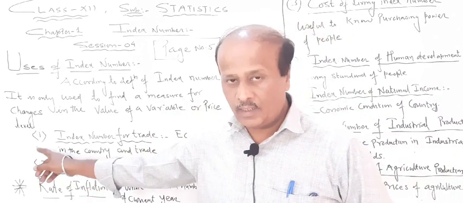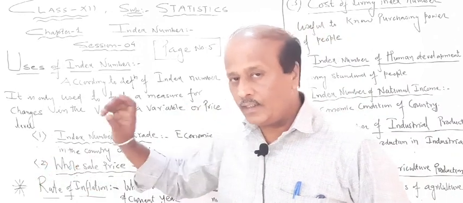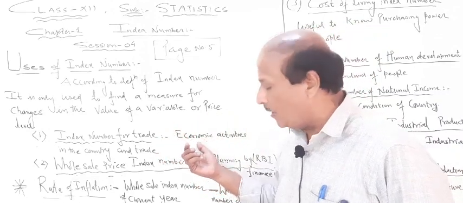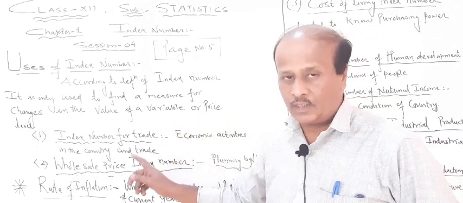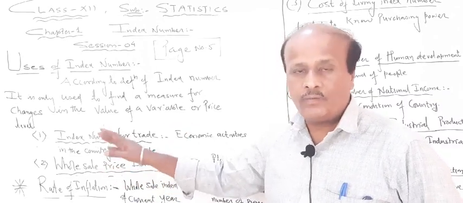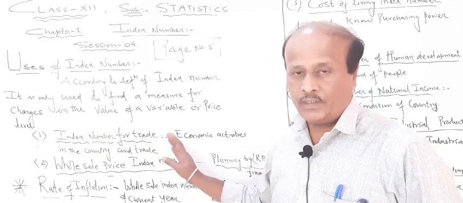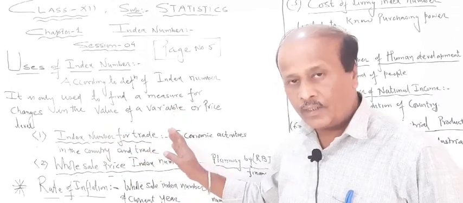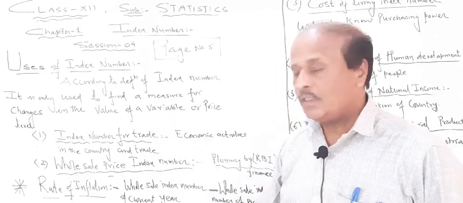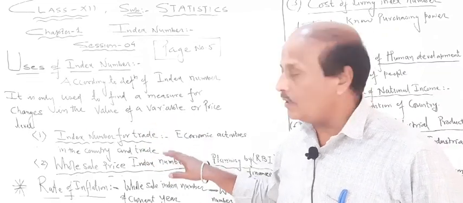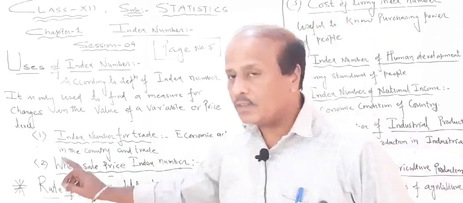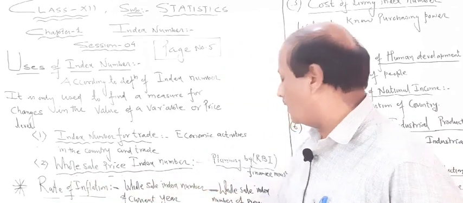So put the heading properly and then write at least 1 or 2 lines and some important wordings and lines which are given in your textbook also. So the first use I told you is that index number is going to be very useful for the trade system of a country, its activities, its trade with other countries; export and import will be decided with the index number for trade.